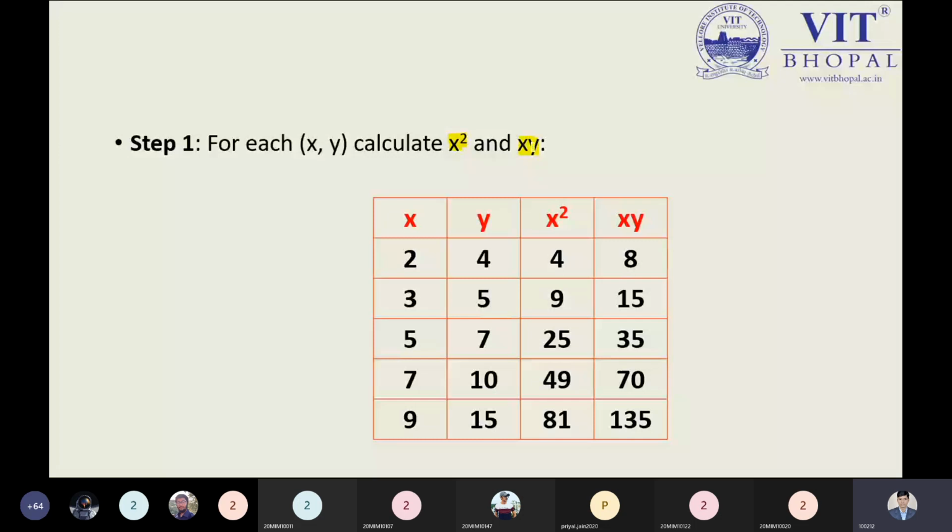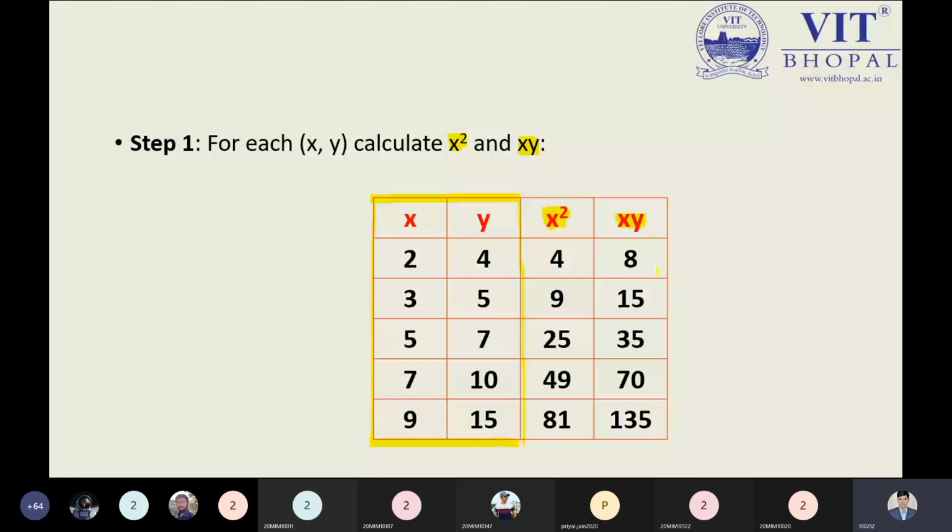The x and y information highlighted here is already given in the question in the form of hours of sunshine and ice creams sold by Golu. We are calculating x square and xy using only basic mathematics: we square x, and we multiply x and y to get these values.